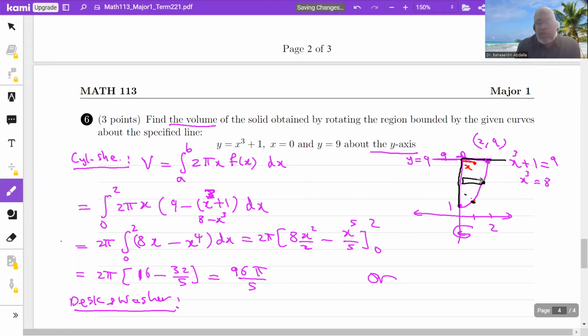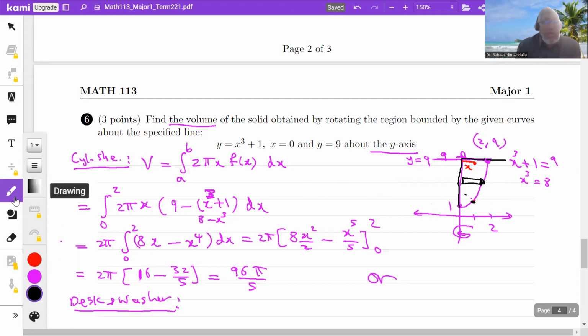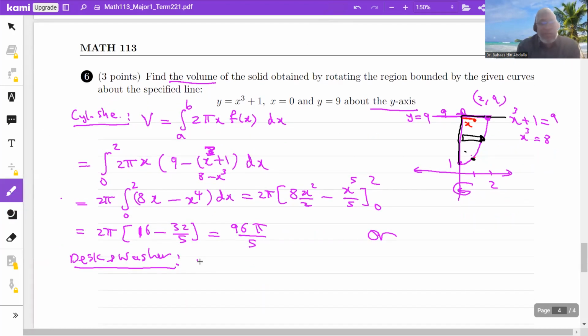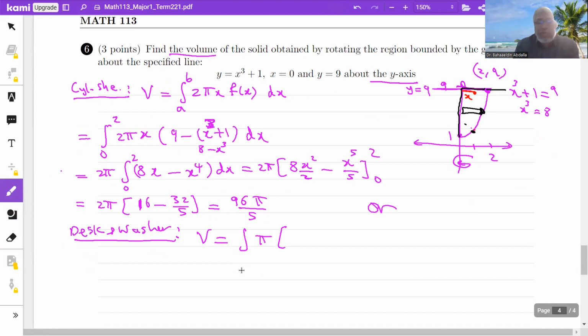So when I rotate about the y-axis using the disk and washer method, the formula in this case would be the integral of pi times, of course, dy. So y runs from c to d.